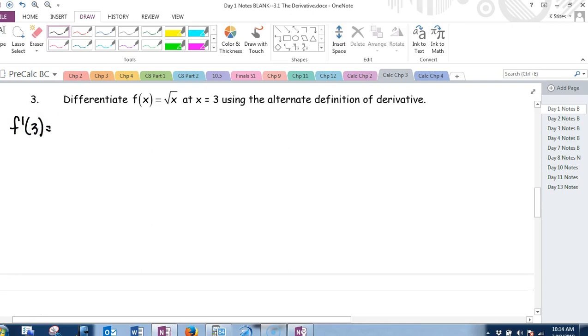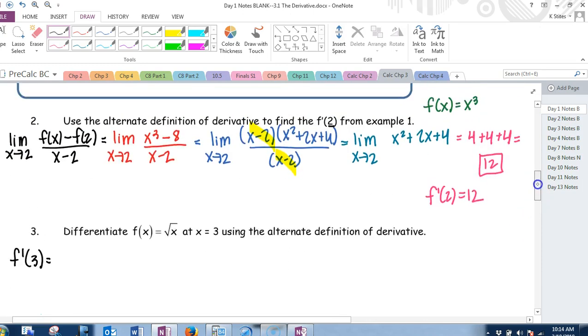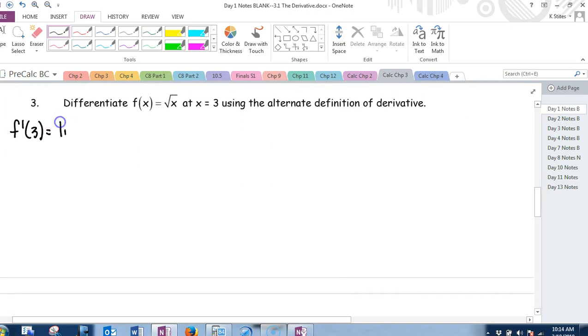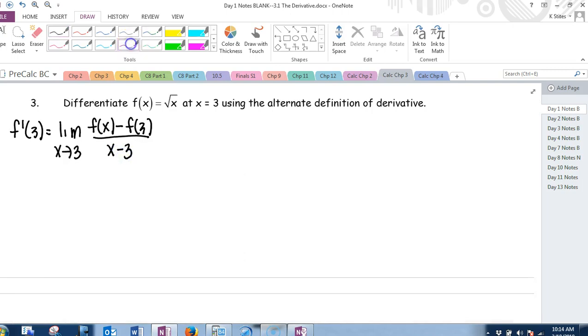So f prime of 3, that's what we're looking for, is, and you could have come up here and said f prime of 2, you don't have to, just practice the notation, the limit as x approaches 3 of f of x minus f of 3 all over x minus 3. The nice thing about the alternate definition is that you don't have any of these h's. I think it's a little easier to plug things in.